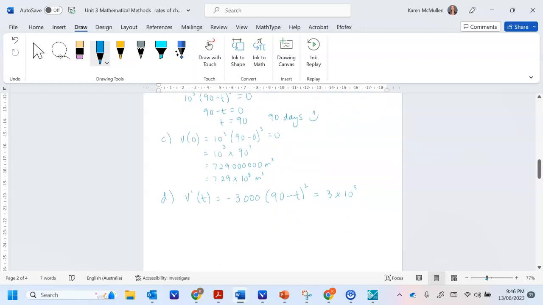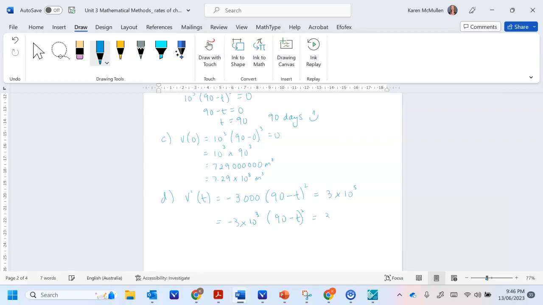Okay, so what would I do? We can change this to be times 10 to the power of 3. That's probably why it would be good to leave it as 10 to the power of 3.